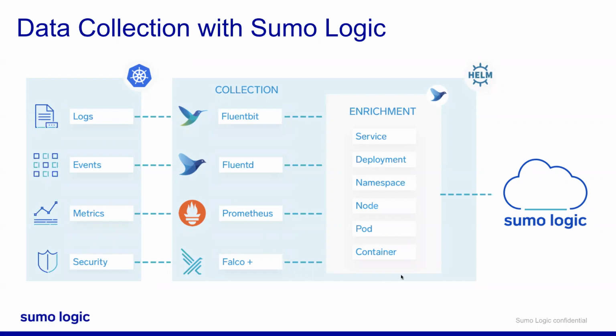Now, the secret sauce for us is this enrichment pipeline. Basically, every single log, event, metric, and security event that you have coming through runs through this enrichment pipeline. Along with the traditional tags of node, pod, and container, we're enriching this with service, deployment, and namespace.